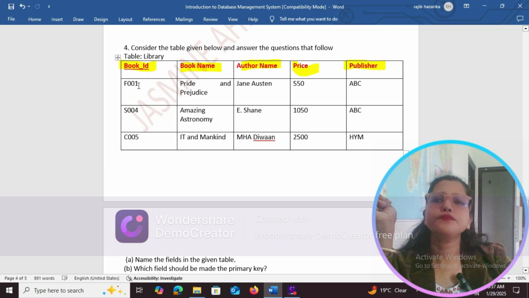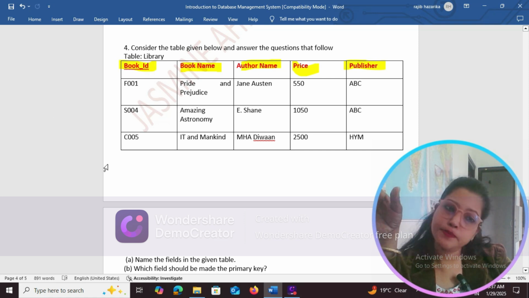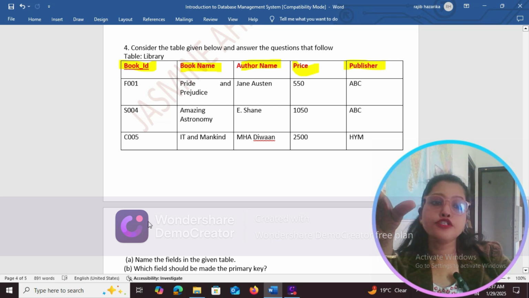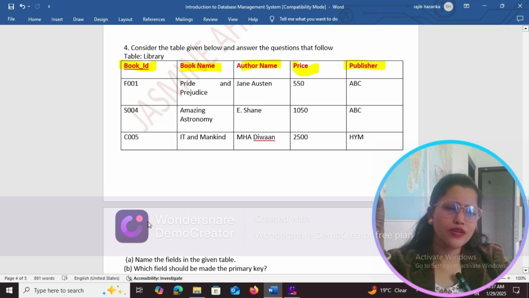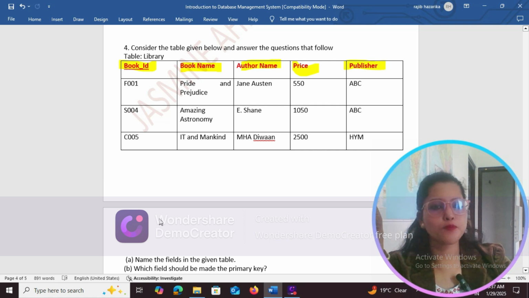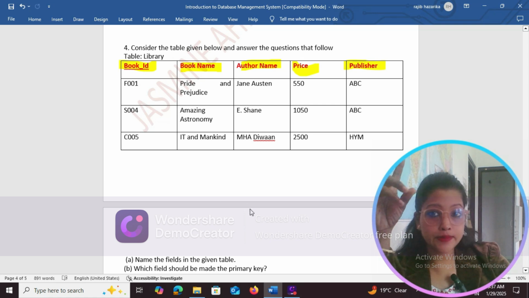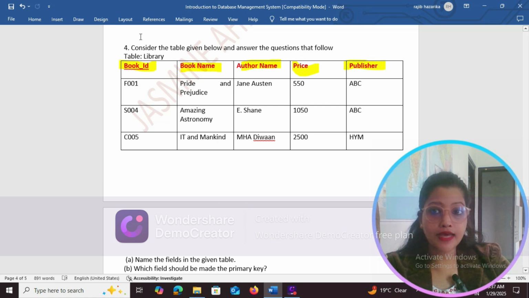Okay, so F001 is present in that particular table also, and in that table the student's roll number or class or name or registration number is also there, which is set as primary key in that table. So when book ID is there, for this book ID the two tables, one the school table and another the library table, are connecting to each other.